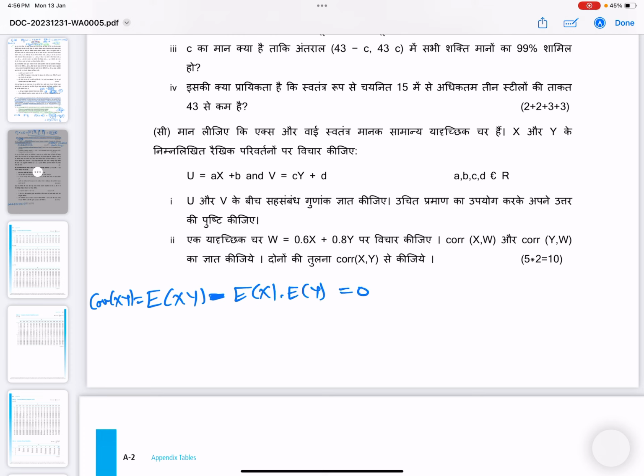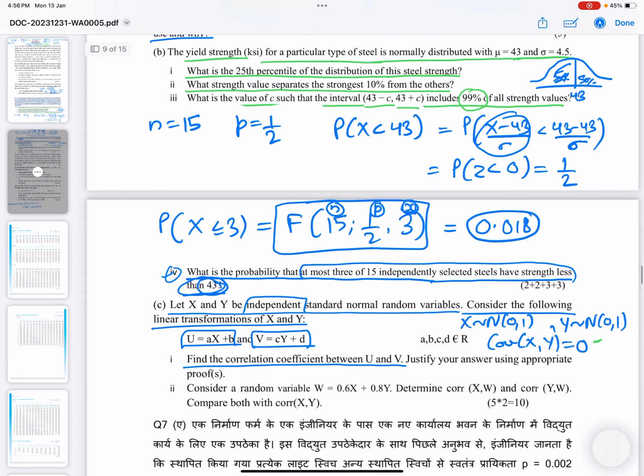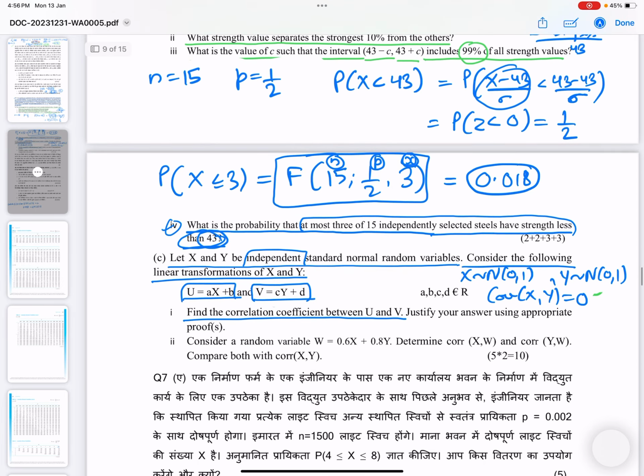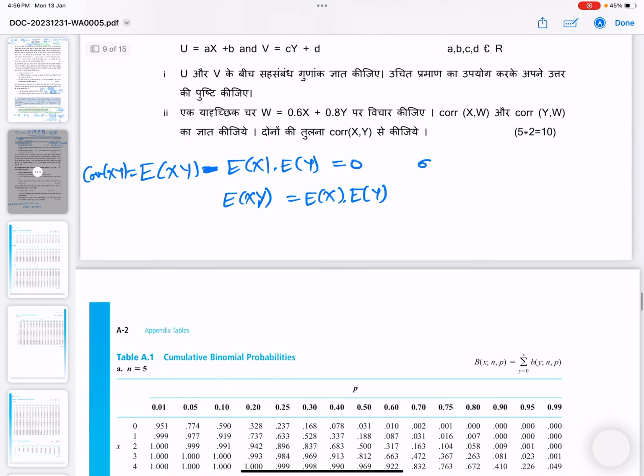And since this was 0, we have expected xy equals expected x into expected y. Since it follows the standard normal distribution, the standard deviation is 1, so the variance would be 1 as well for both these distributions.